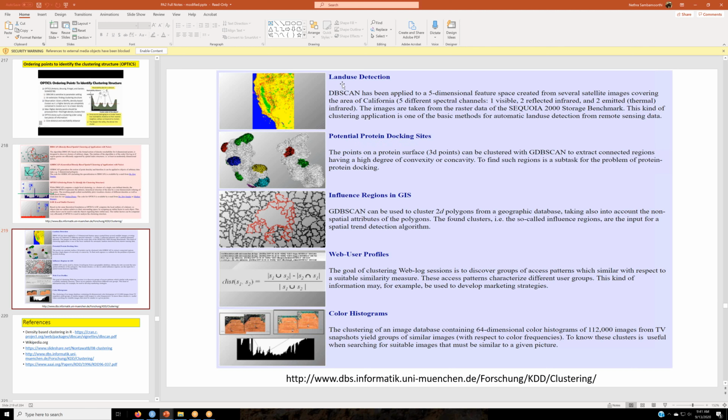In these cases, they are all spatially distributed, more so than structured data. Structured data is not spatially distributed; it's a data space, right? Data space is different from spatially distributed points. Am I making sense? This one is spatially distributed points, like the potential protein docking sites, because they are very dense.